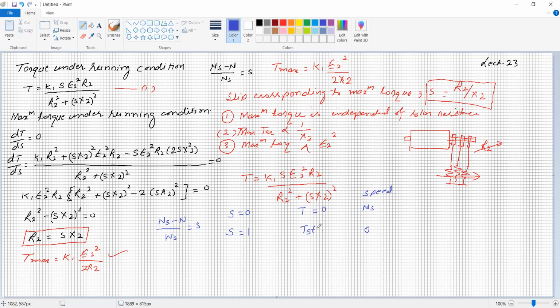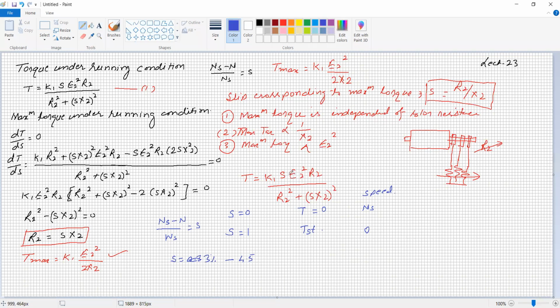So at start, the starting torque is the value at s equal to 1, and when s is equal to 0, the rotor speed is equal to the synchronous speed and torque is equal to 0. Generally, the slip is in the range of 3% to 4%.